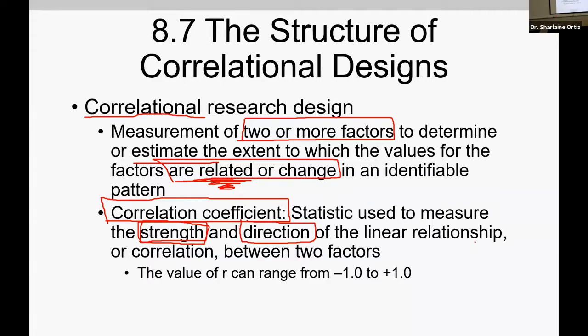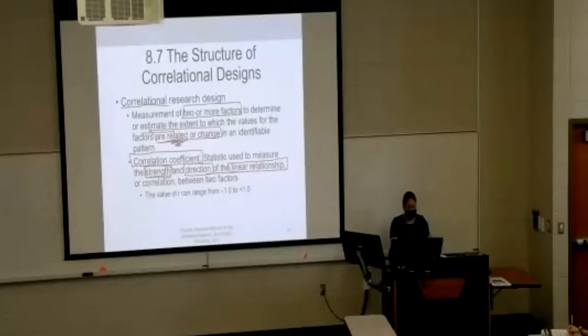Now, I do need you to keep in mind that whenever we are referring to this statistic presently, we're only talking about a linear relationship. What do I mean by a linear relationship? Think about how one factor is going to influence the next factor.